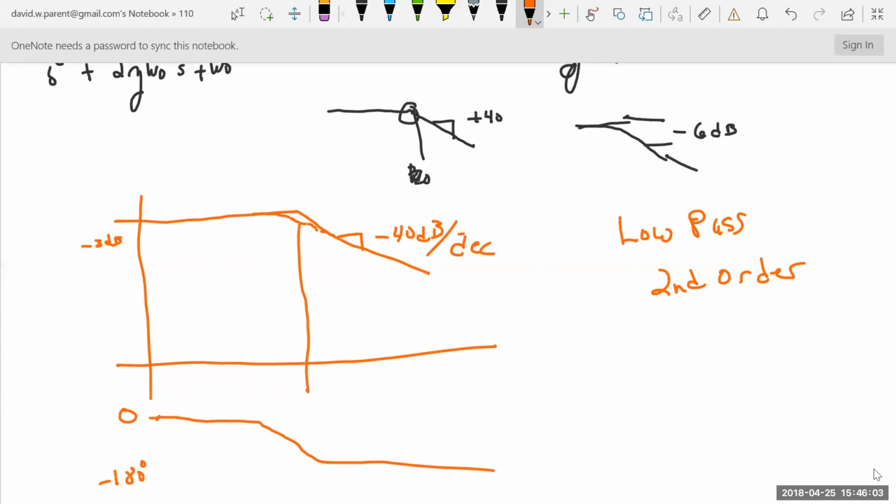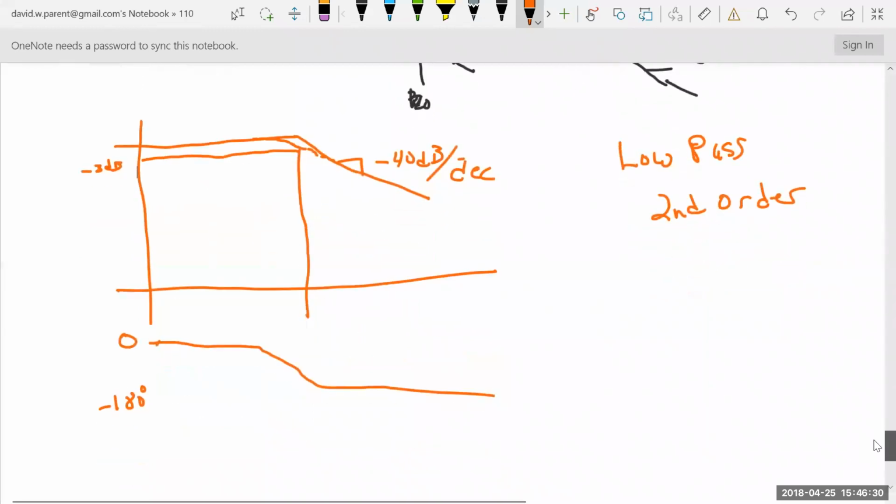But what sometimes people think is that, oh, I only see one break, therefore it's got to be critically damped, so there's only one real root. Well, no, this point would be at minus 6 dB if it was critically damped. So in fact, there's a more generic way to do it.